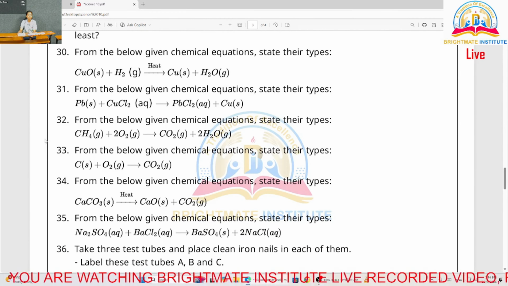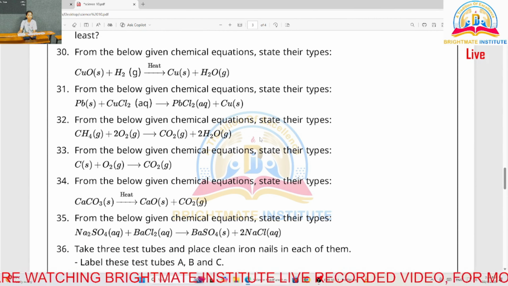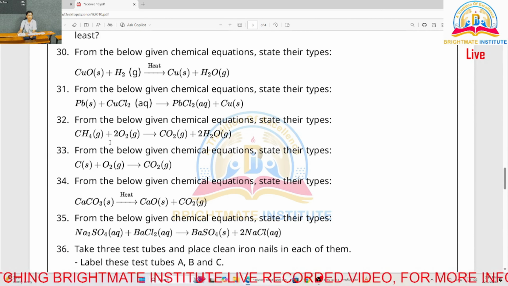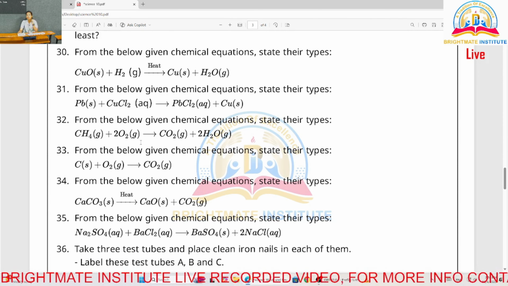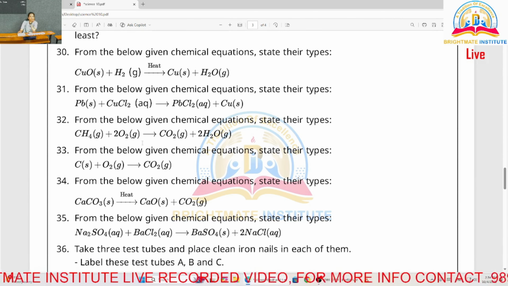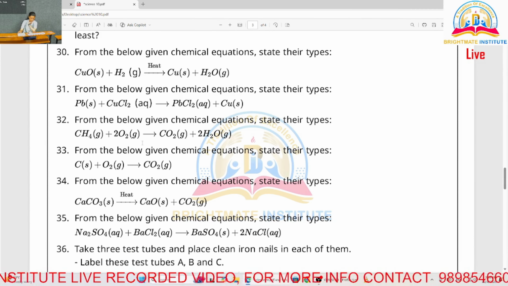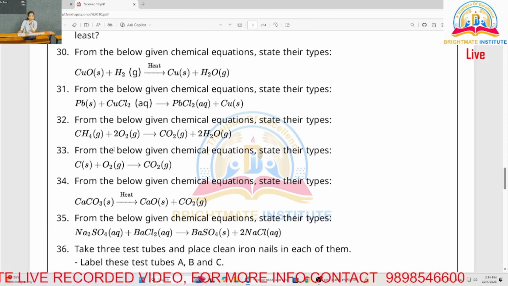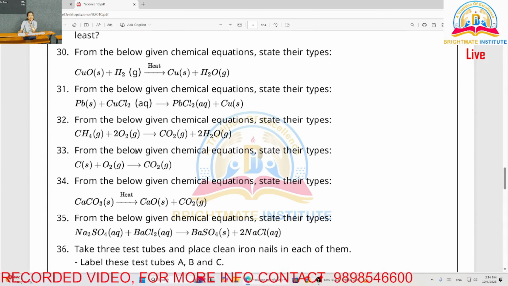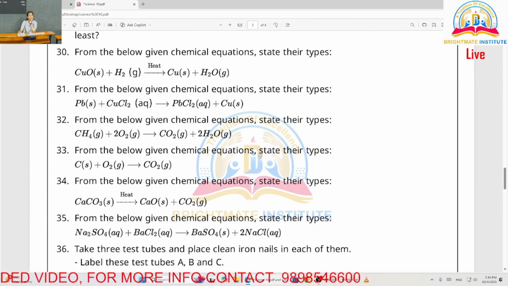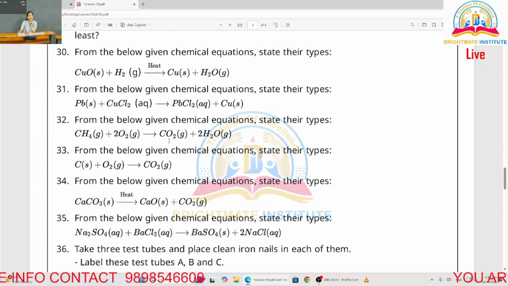Now 32, from the below given chemical equation, state their types. CH4, which is in gaseous form, plus 2O2 gives CO2 plus 2H2O. So here it is an oxidation reaction. Why oxidation reaction? Because CH4 is methane. Now in the product side, oxygen goes with carbon, so it is the oxidation reaction.